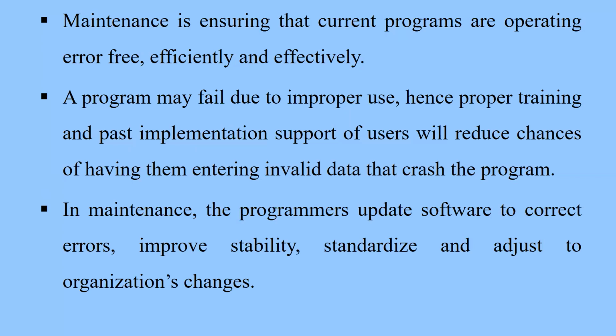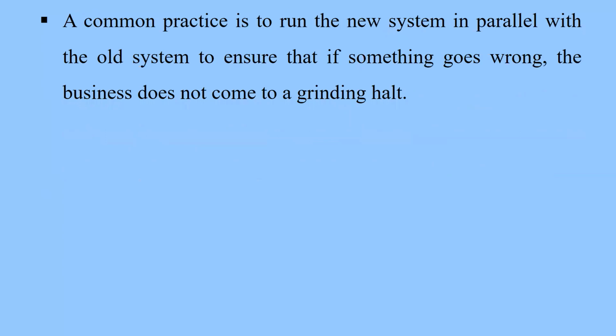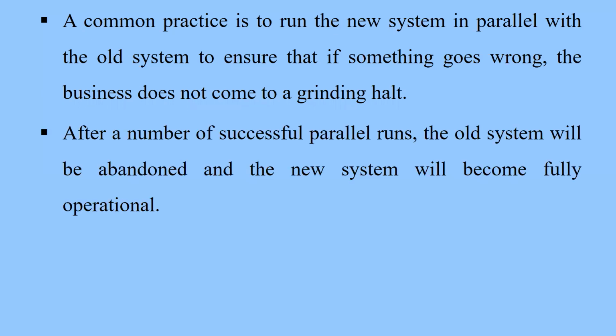In maintenance, the programmers update software to correct errors, improve stability, standardize, and adjust to the organization's changes. A common practice is to run the new system in parallel with the old system in order to ensure that if something goes wrong, the business does not come to a grinding halt. After a number of successful parallel runs, the old system is abandoned and the new system becomes fully operational.